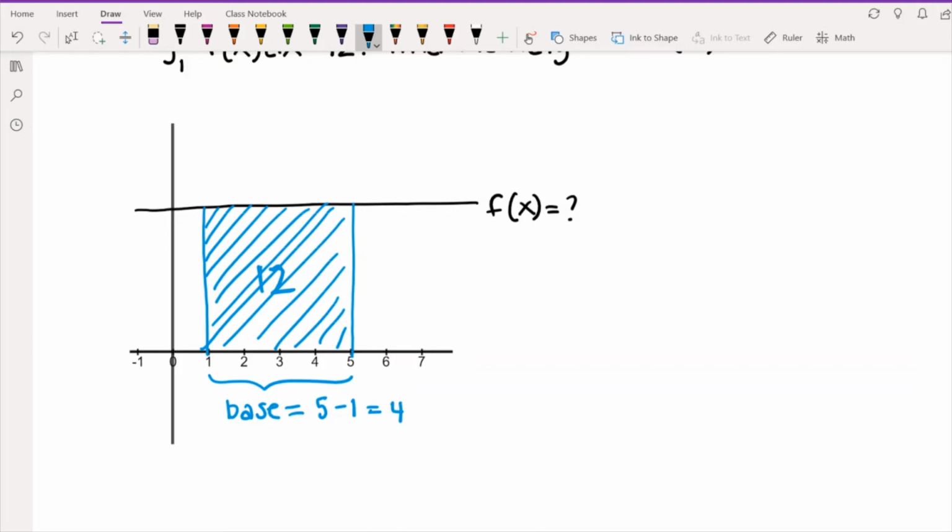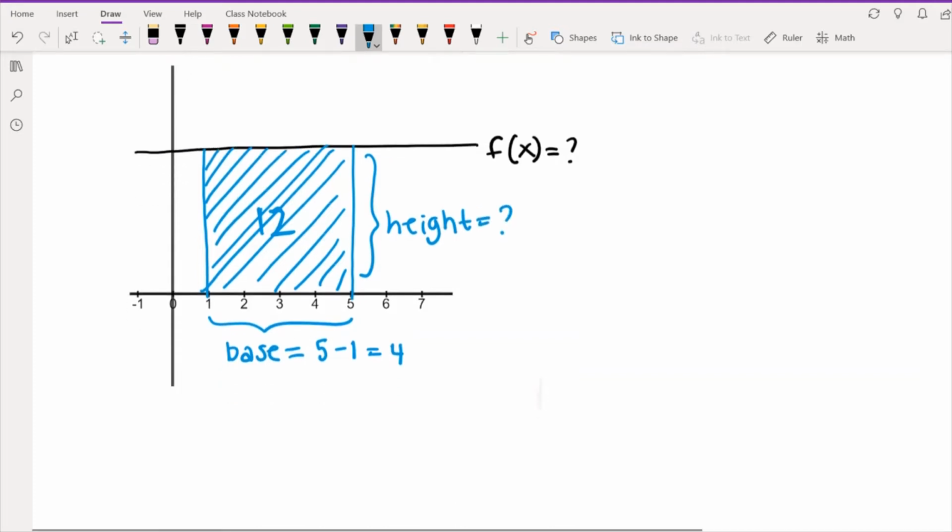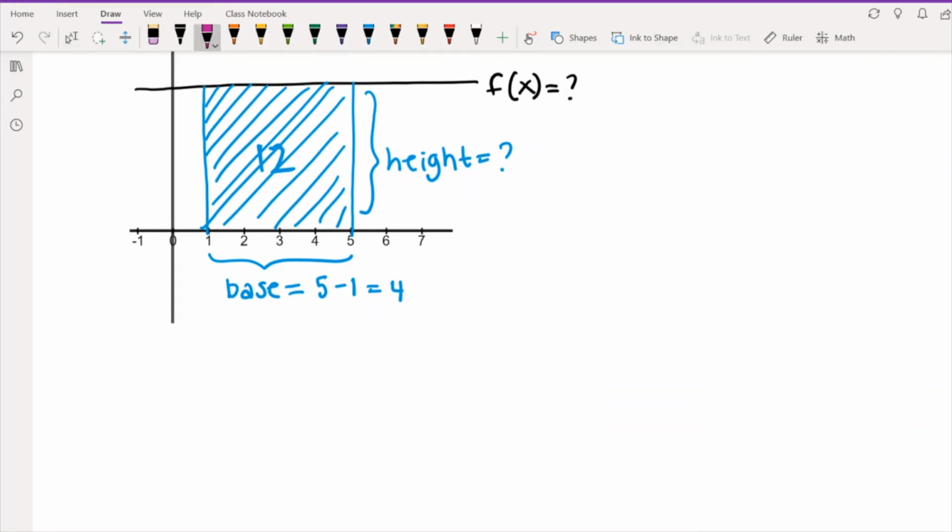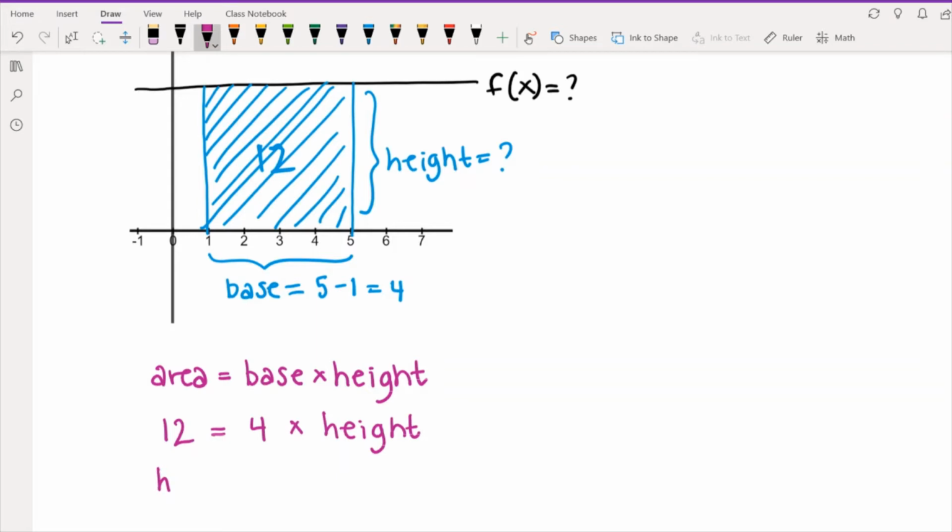And then our height, that's what we don't know, right? The height is question mark. So how could we actually go about finding the height? Well, we know that area is equal to base times height. And so if the area is 12 and the base is 4, that would tell us that the height is equal to 3.